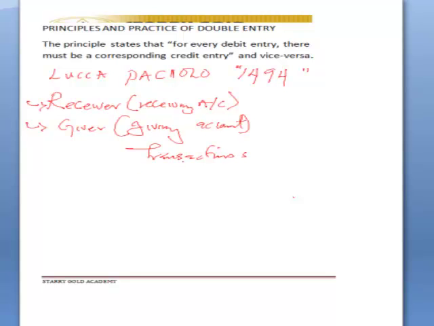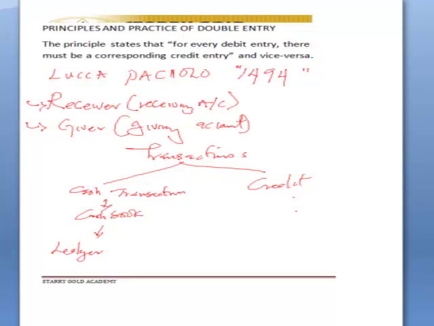The cash transactions must pass through what we call the cash book, and the final destination is the ledger. And the credit transactions must pass through what we call day books, and the final destination is also the ledger.